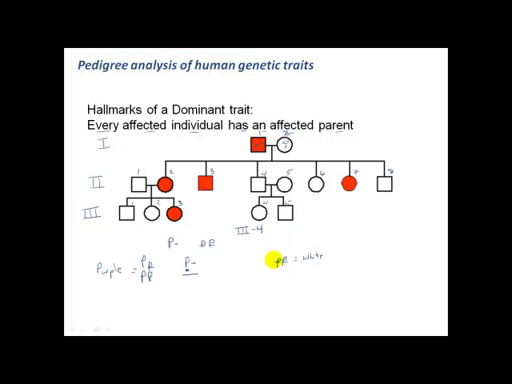The same is not true for a recessive trait. Think back to Mendel's experiment. How did we get in that F2 generation individuals showing up with those white flowers? Well, it was because two heterozygous individuals had been crossed to one another, and we expect 1/4 of the time that we're going to end up with the homozygous recessive genotype, and that's going to be associated with the recessive phenotype.